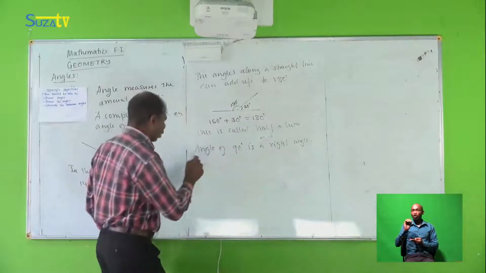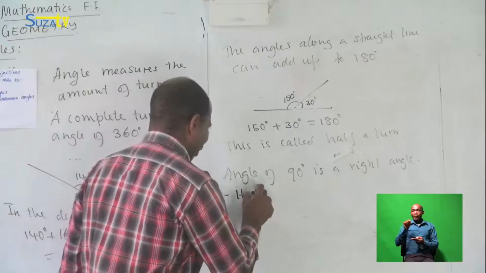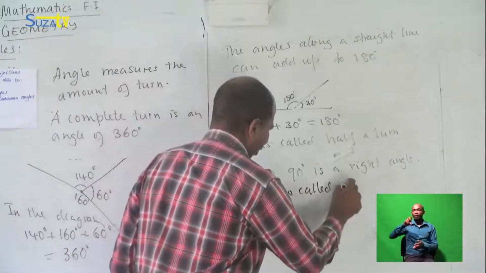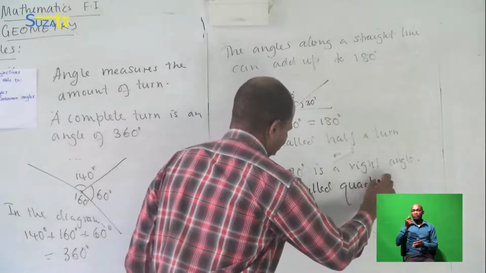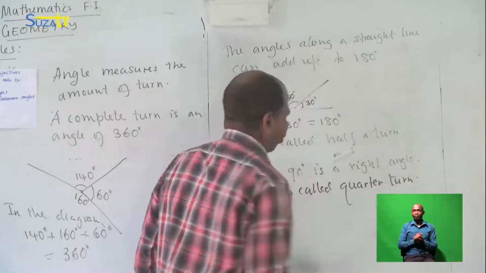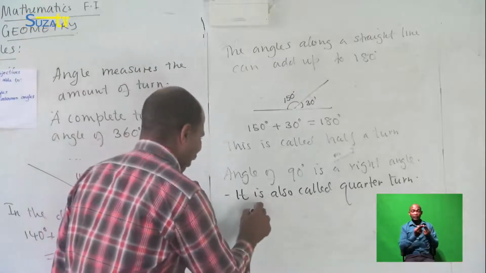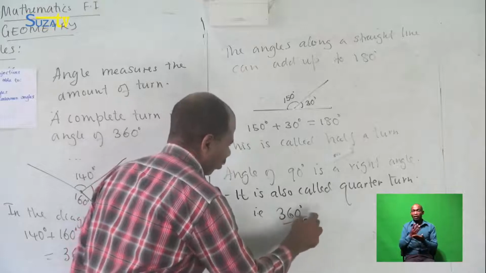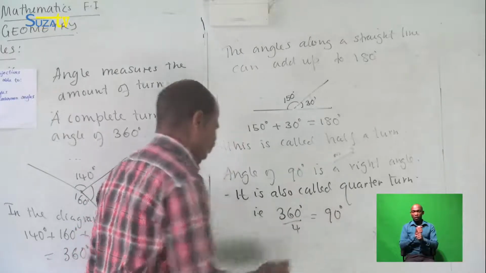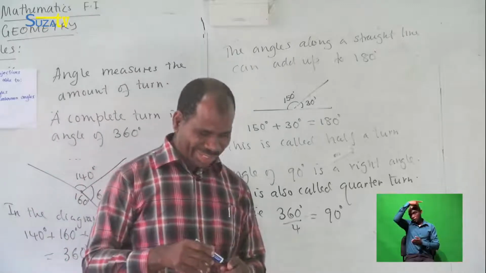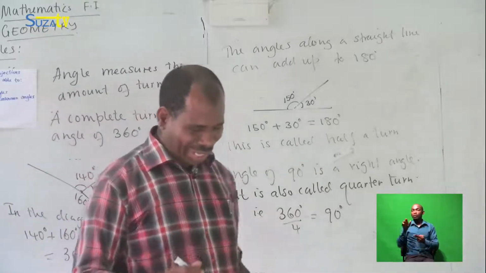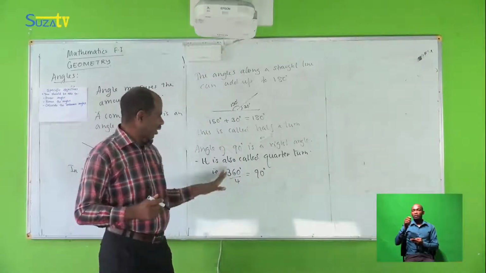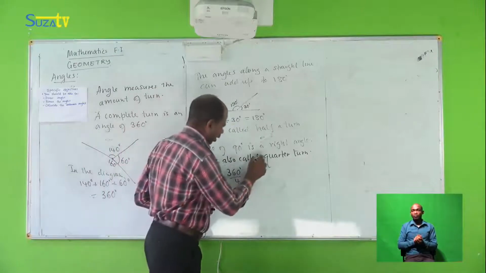A quarter turn is the same as 360 degrees divided by 4, which is 90 degrees. So 90 degrees is also called a quarter turn.